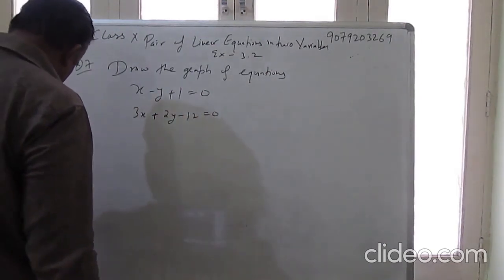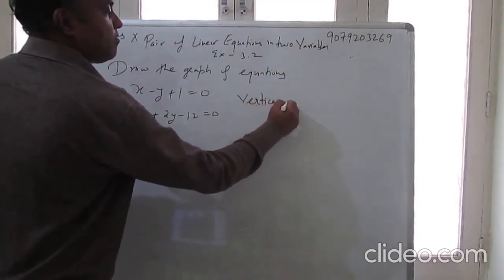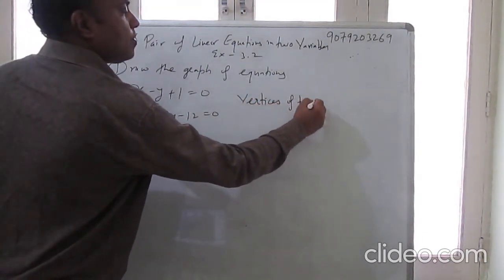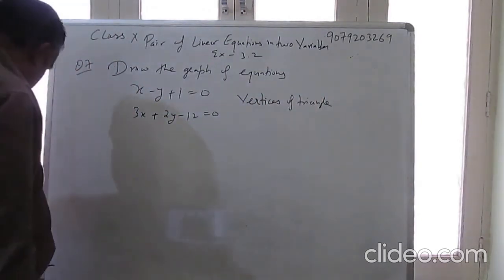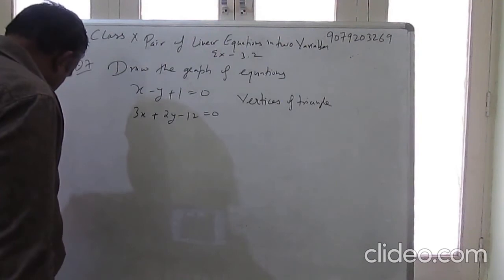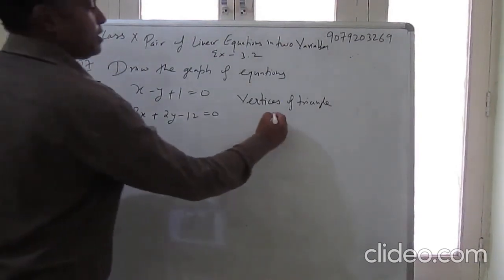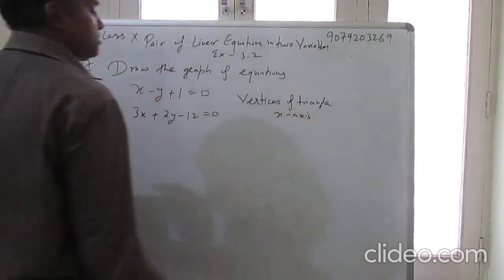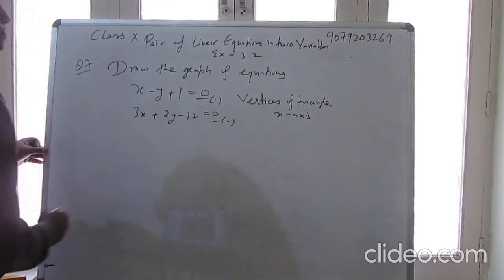Determine the vertices of the triangle formed by these lines and the x-axis, and shade the triangular region. Tell the vertices of the triangle formed by this.